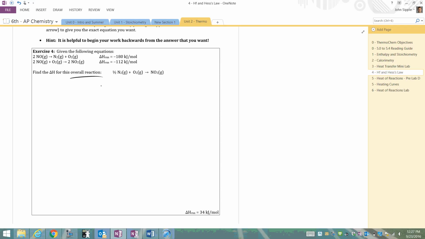If I look at that and I look at my overall reaction, N2 and O2 are on the wrong side of the equation. They're written in products here, but I have to have them on the reactant side. So I'm going to flip that one around first. I'm going to rewrite it down here as N2 plus O2 going to 2NO. And remember, delta H is now a positive 180 because I flipped it around. So you change the sign of delta H.